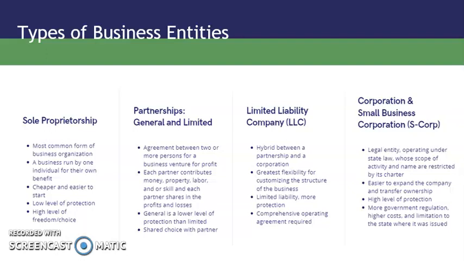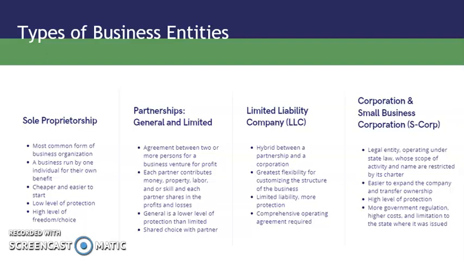A corporation is a legal entity operating under state law whose scope of activity and name are restricted by its charter. An S corporation is a special closed corporation, basically limiting the number of members, that's going to provide small corporations with a tax advantage.